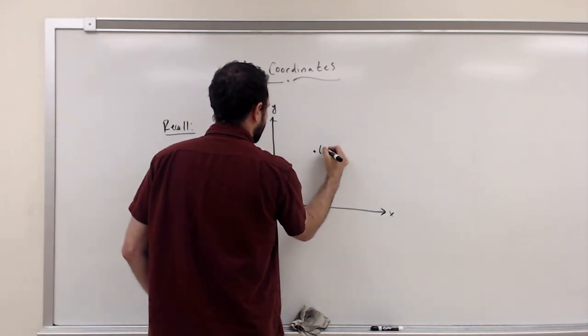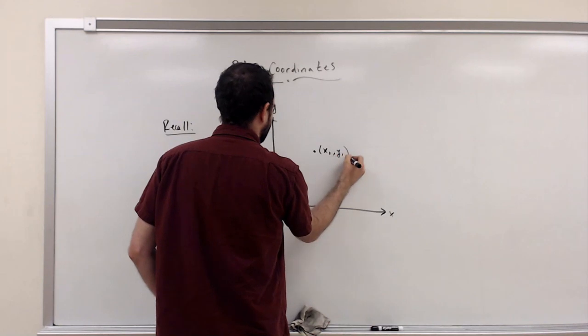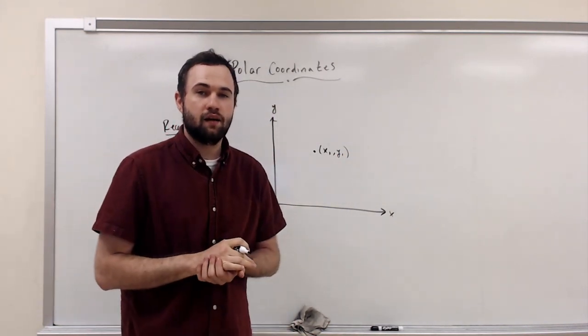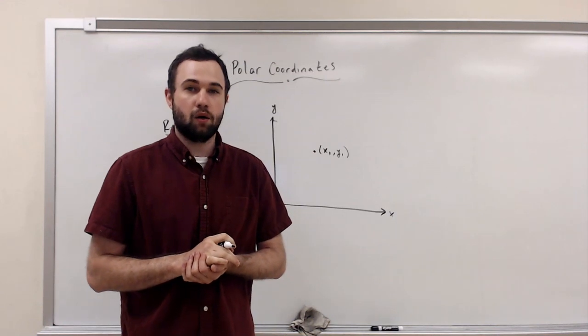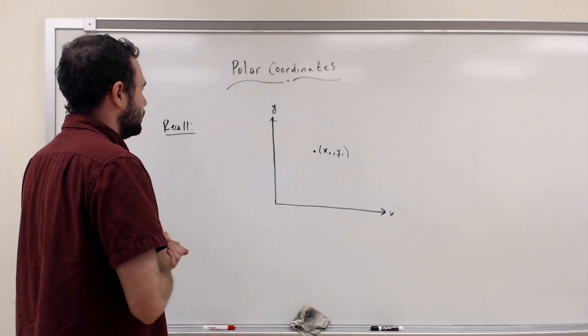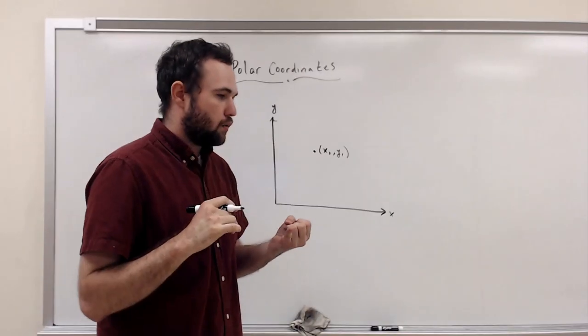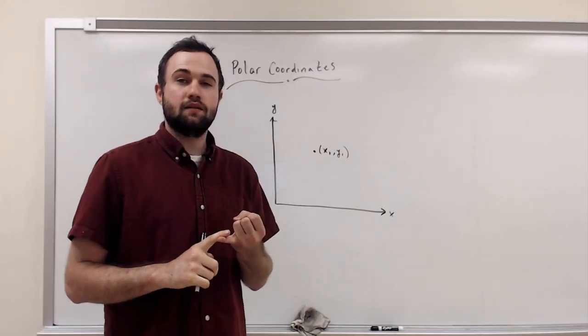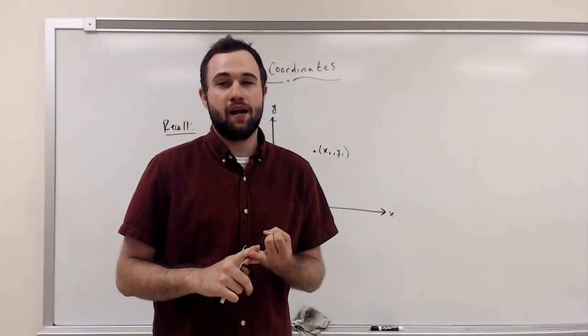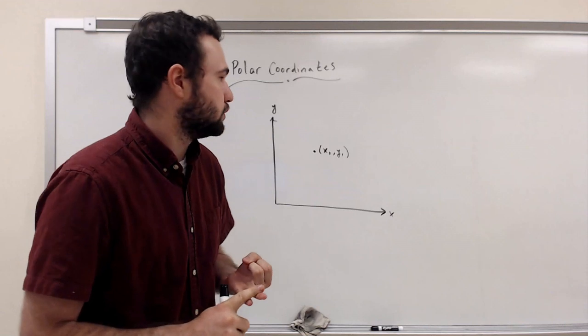We'll call it x1, comma y1 in our rectangular coordinate system. But let's try to convert this to something polar. In trig so far, we always have a radius of some sort, and we have a radian or an angle measurement of some sort.